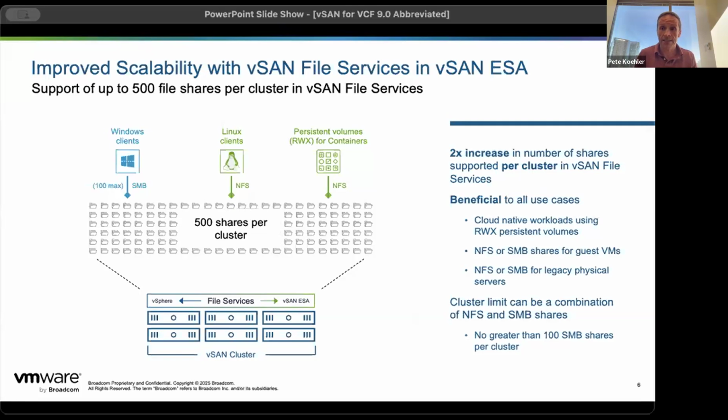Oftentimes what we see is a strong demand with the scalability and the instantiation of additional cloud native workloads. You would need persistent volumes available for storing that data, and that's really where this need has come from. So this should offer a lot of flexibility, and even for those customers that were nearing the previous limit, this offers much more wiggle room now as well.